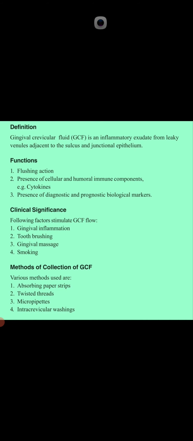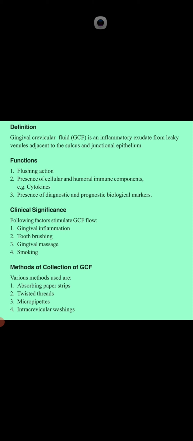Third, the presence of diagnostic and prognostic biological markers. When we collect the GCF, we can diagnose the condition from it. These are the three functions of GCF.